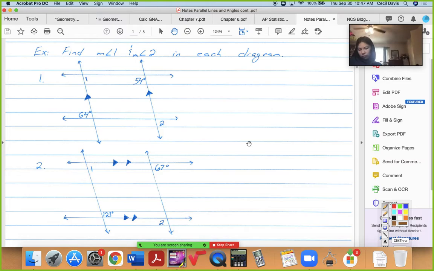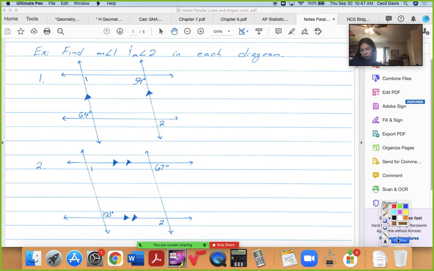Okay? So, for a problem like this, let's fix something here. This angle is pretty clearly not 54 degrees. Let's make it 154. It's probably too much, but it's closer to that than it is to 54.